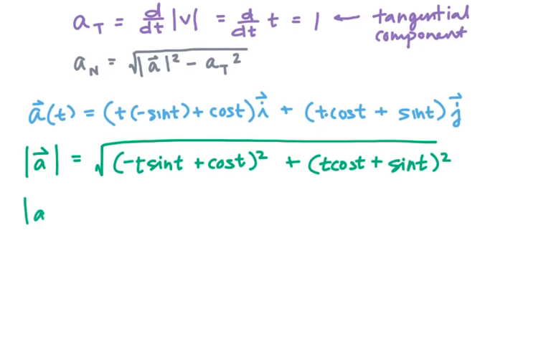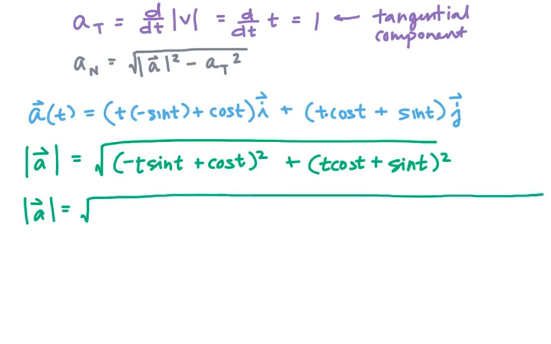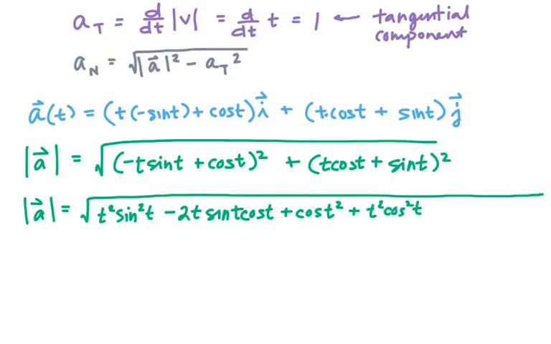So FOILing the magnitude of a, square the first, t squared sine squared t, twice their product would be minus 2t sine t cosine t, plus cosine squared t, plus t squared cosine squared t, plus 2t sine t cosine t, plus, running out of space, sine squared t.